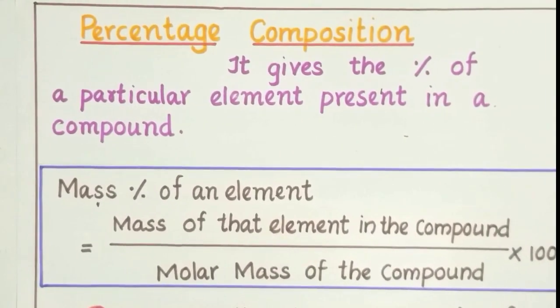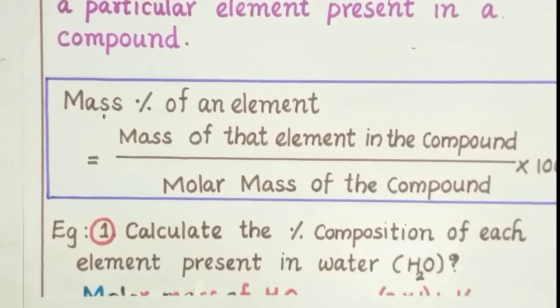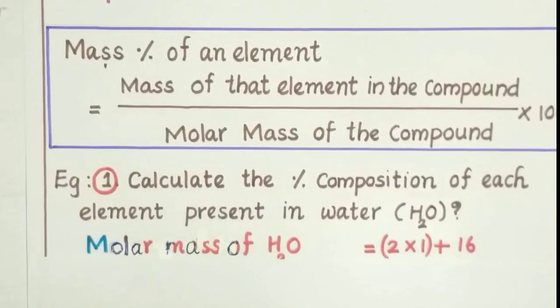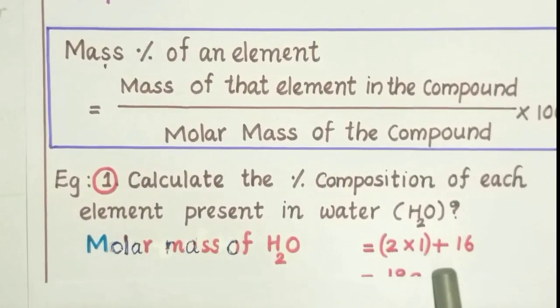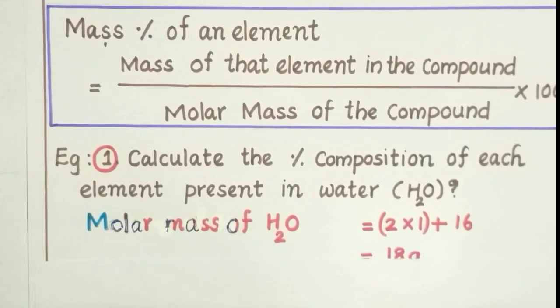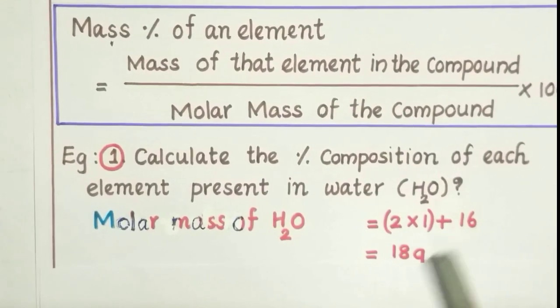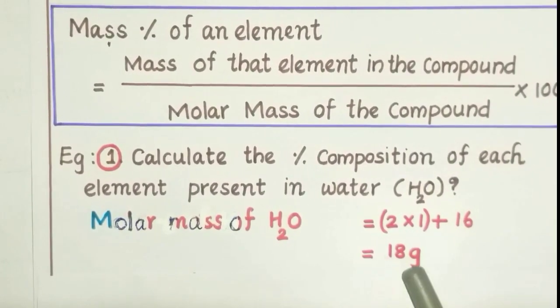Then, for doing this problem, first you should calculate the molar mass of water. The molar mass of water is the sum of the atomic masses. So, 2 hydrogen atoms are present, so 2 into 1 plus the atomic mass of oxygen, 16. Then we get 18 gram.